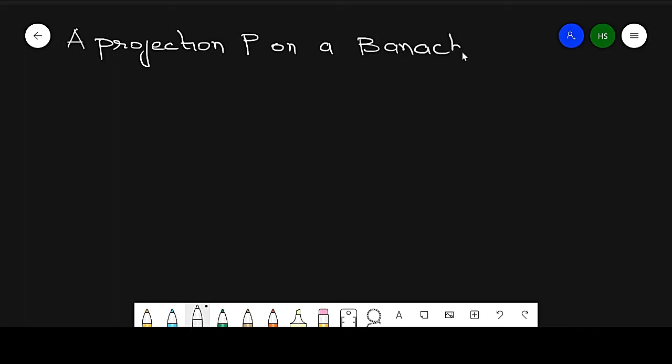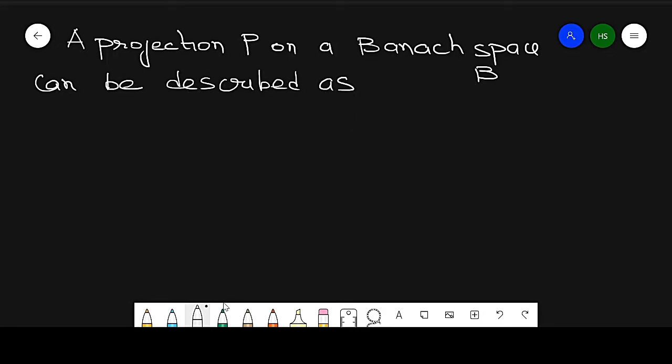A projection P on a Banach space B can be described as follows.